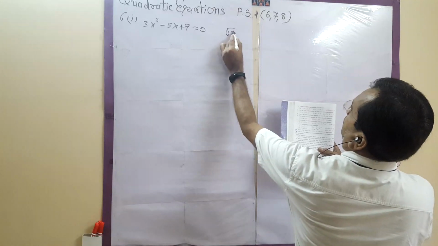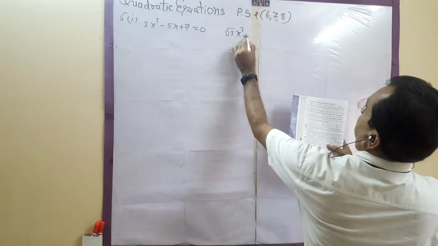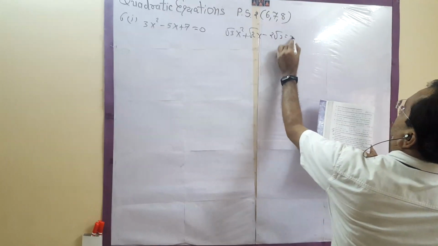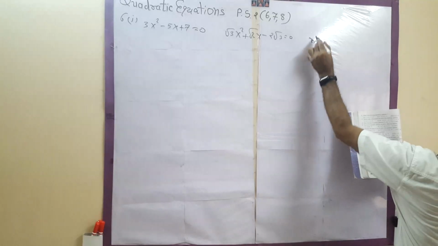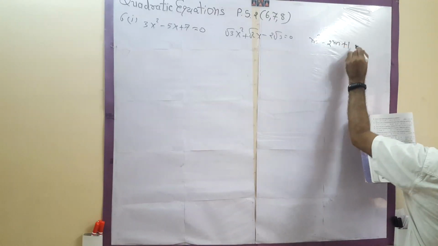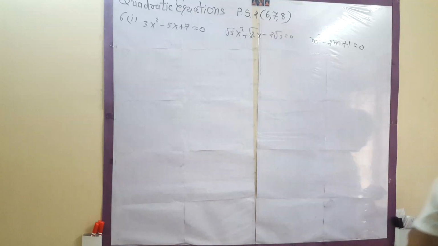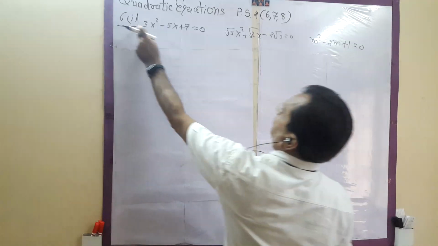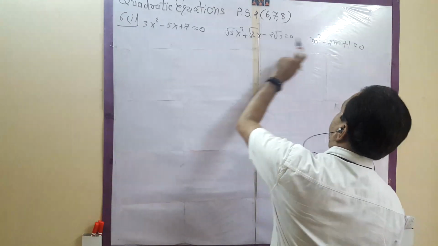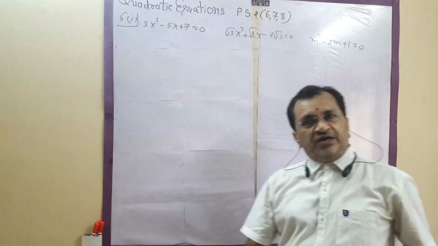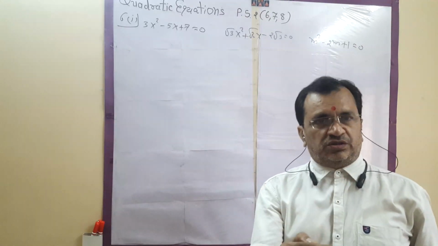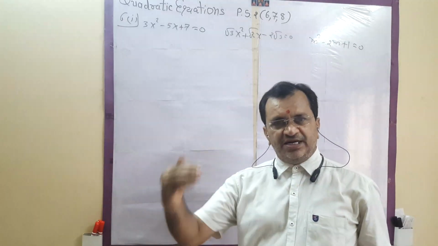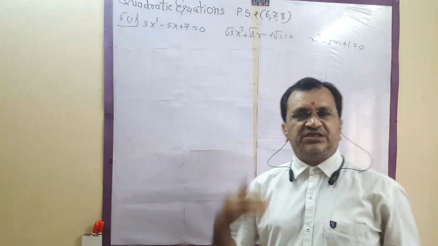There are three questions, 6.1, 6.2, 6.3. We have to find out the nature of the root. See, all three sums I will solve together, so that will be the repetition of the steps.